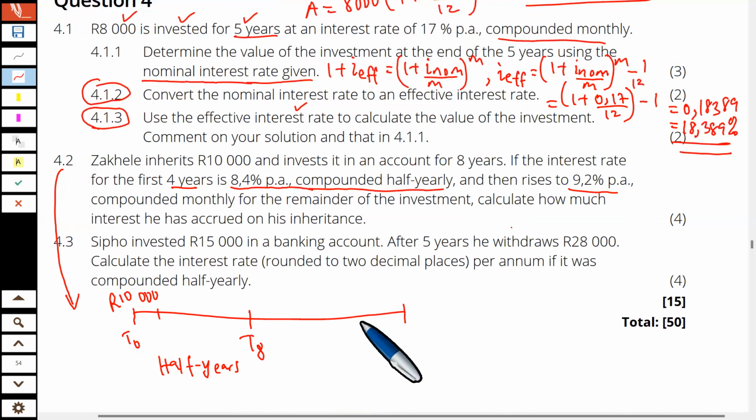And then, obviously this is 8.4% per annum. And then rises to 9.2% per annum compounded monthly. So here we are dealing with the monthly rate.